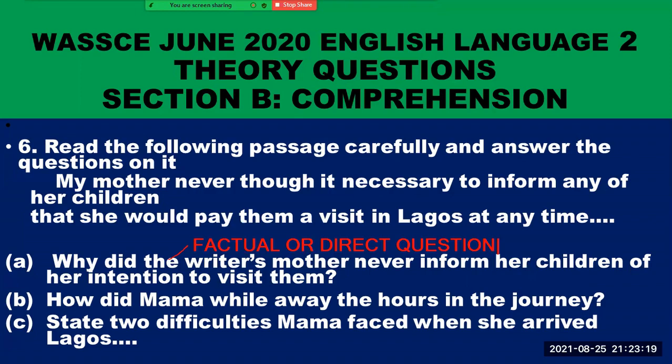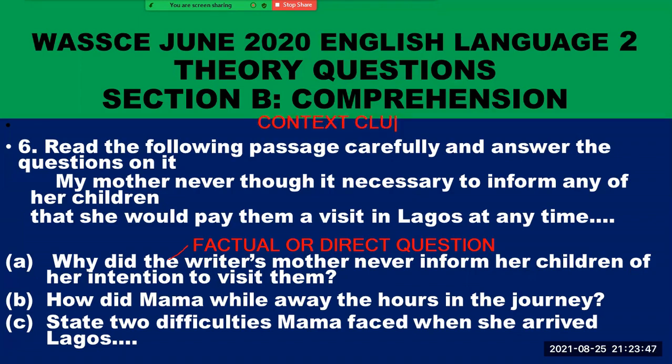When you pick a question, you will take note of what we call the context clue. Now, what do we mean by context clue? A context clue is exactly what shows you that you are getting to the answer in the passage.